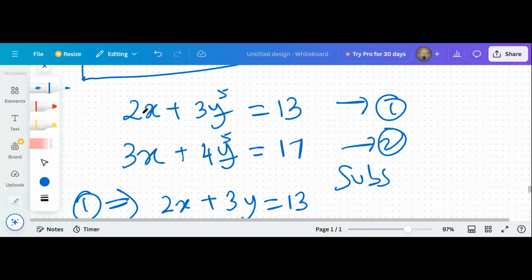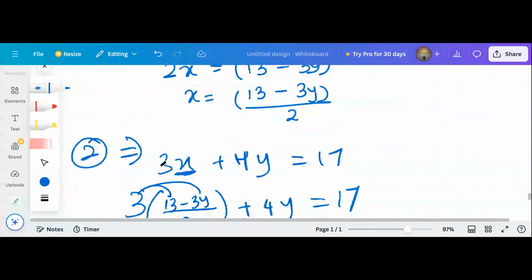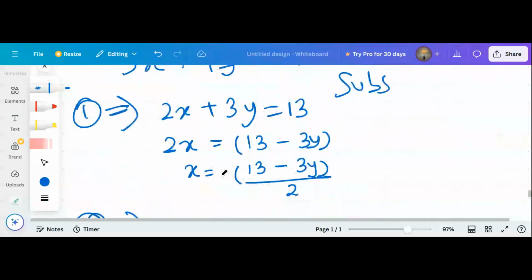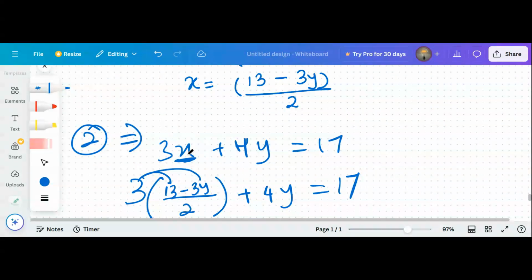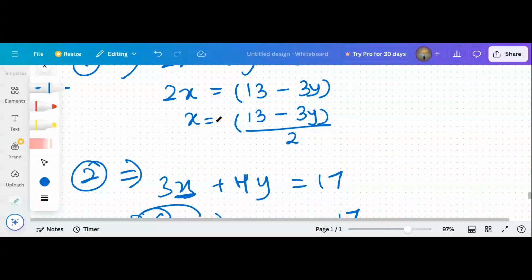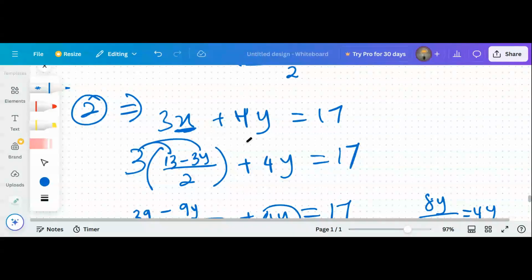We are writing the x in terms of y, and after that we substitute that for x. So first we wrote the x in terms of y, then we substituted that for x. This method is called the substitution method.